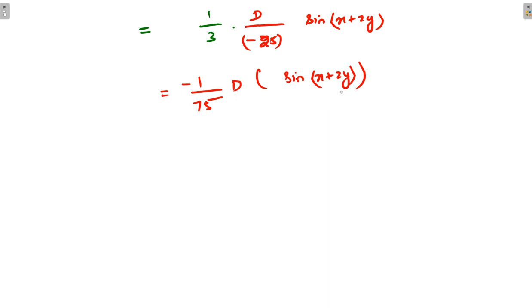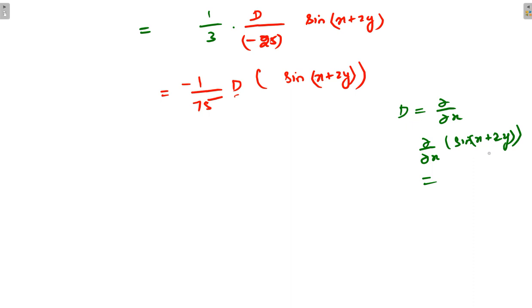This is not over because the solution should not contain D and D dash terms, but here D is coming. So what is the meaning for D? The meaning for D is dou by dou x. So what is the dou by dou x of sine x plus 2y? It is the partial differentiation of sine x plus 2y with respect to x.